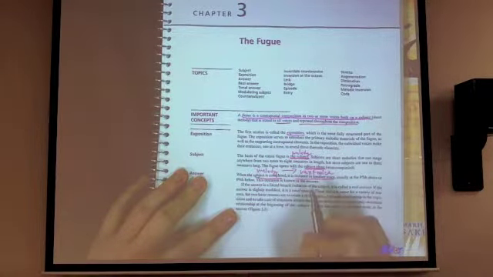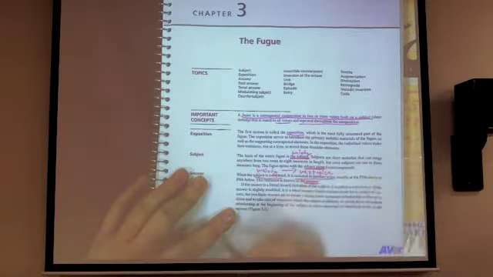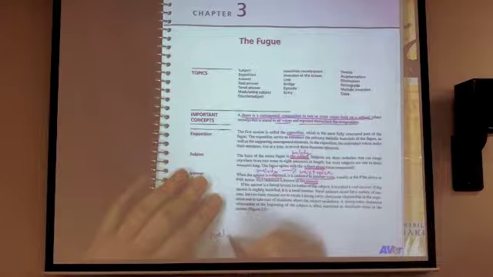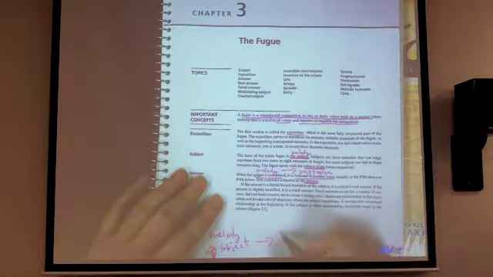The imitation is known as the answer. All right? So we have the melody, subject, and it gets passed along to the next voice, which becomes the answer. And it's still the same melody, all right?